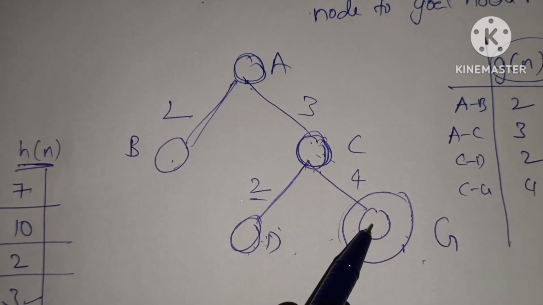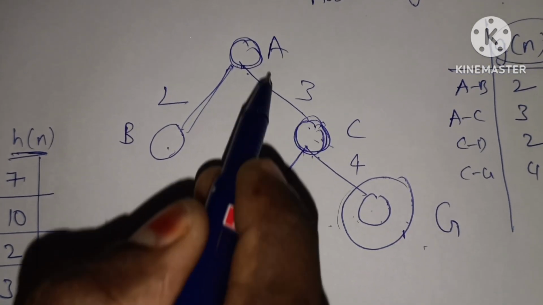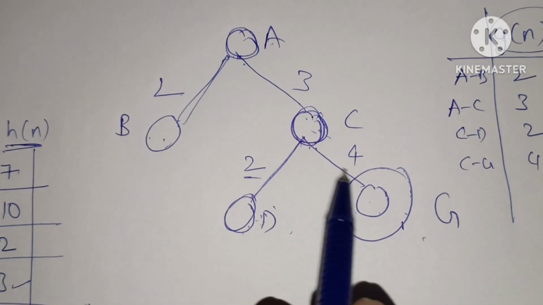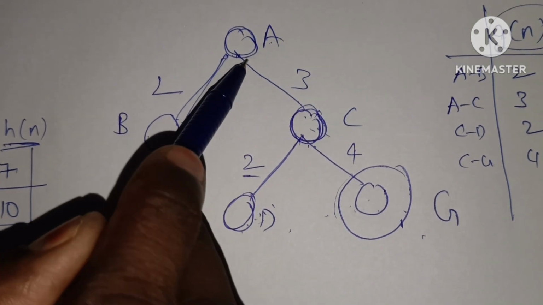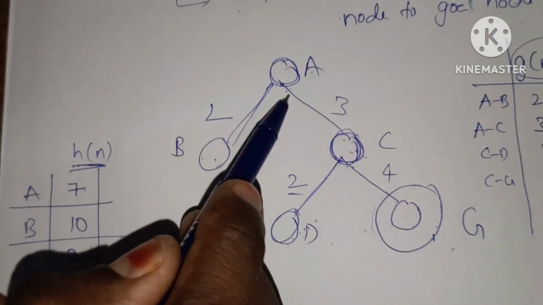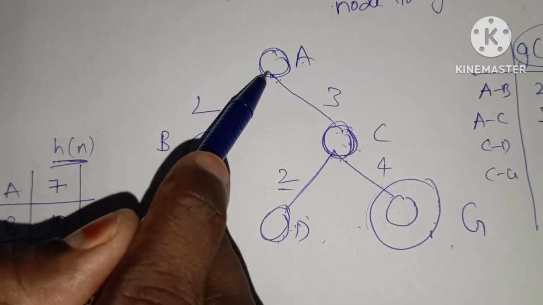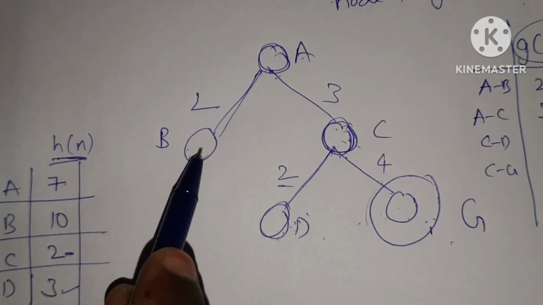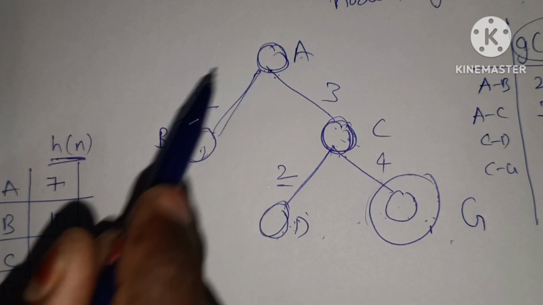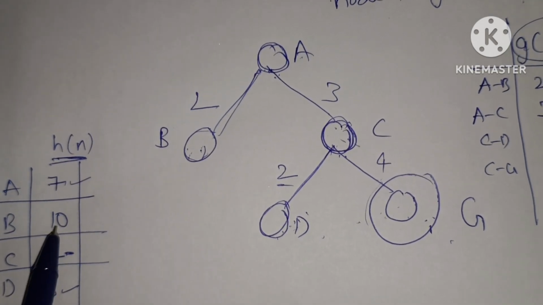C to G is a very short distance compared with A and B, that's why the value is 2. But A is a shorter distance compared with B. Why? Because from B to A to C, C to G is very far away. That's why we gave A equal to 7, but B is 10.